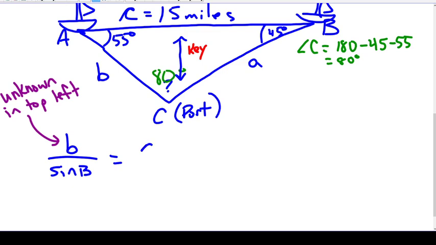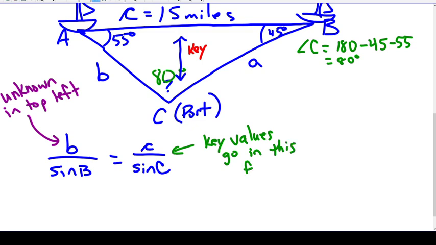So this has to be little c over sine big C. This fraction is made up of the key values. And if you can remember that, then this becomes extremely easy, all right?